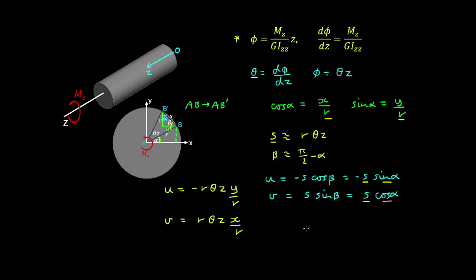So cancelling r, we get u is minus theta zy, and v is the rate of twist by z by x. And these displacements will be useful when we derive the torsion equations for non-circular open sections subjected to a torque.